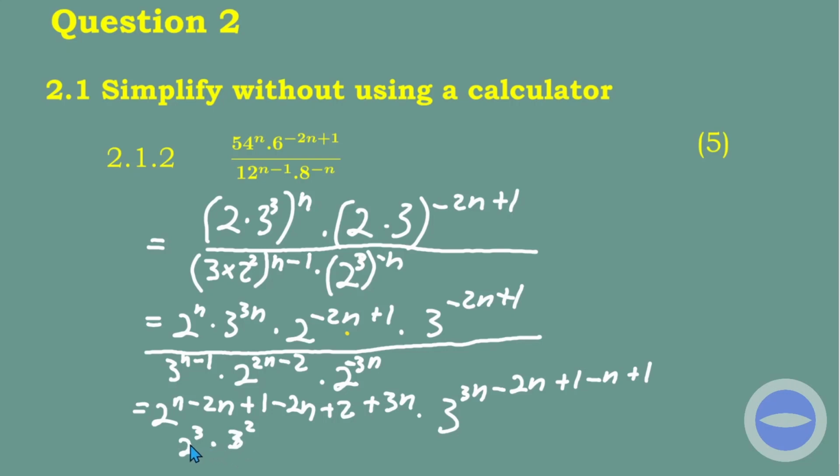So 2 cubed and 3 squared equals 8 times 9. 8 times 9 is 72. So the final answer here is 72. So you can punch the calculator. Let me get a calculator here.